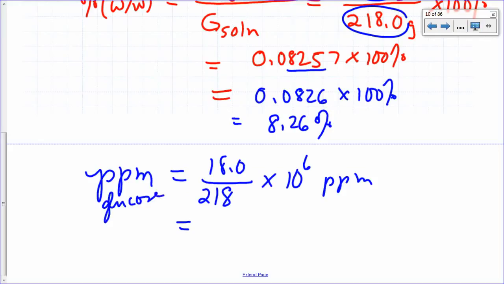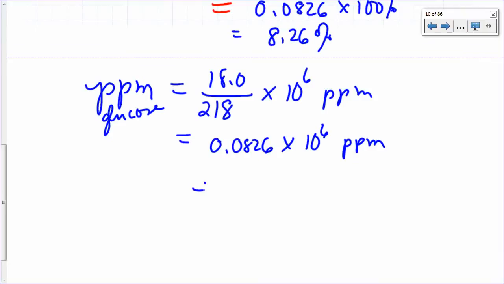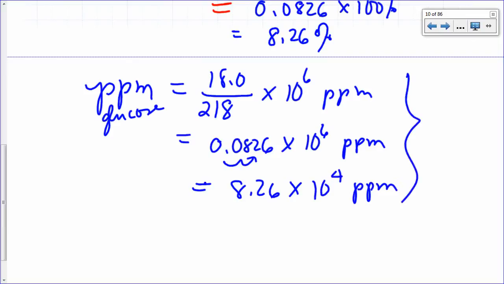It's going to be equal to 0.0826 times 10 to the 6 parts per million, or that's going to be 8.26 times 10 to the 4th parts per million.